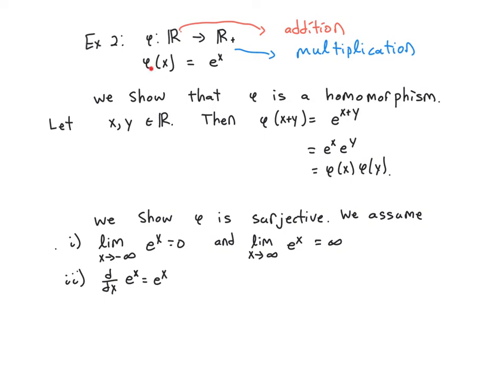And the isomorphism is given by exponentiation. You take x and you replace it with e to the x. And it turns out this is in fact an isomorphism.